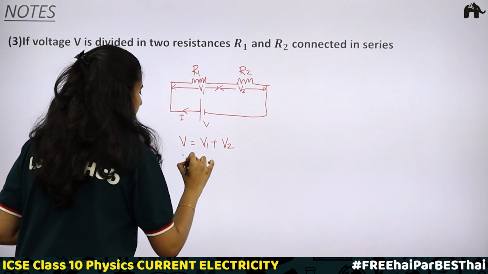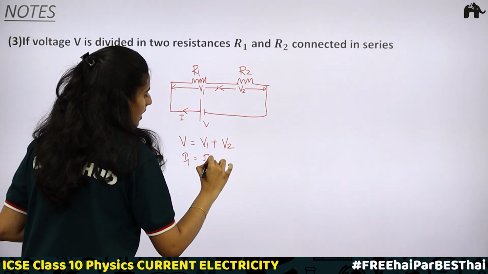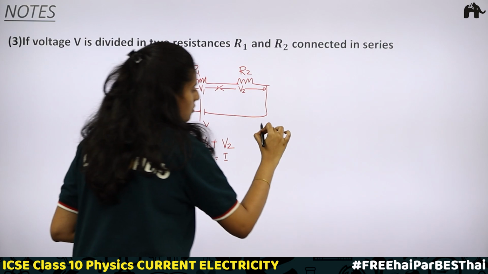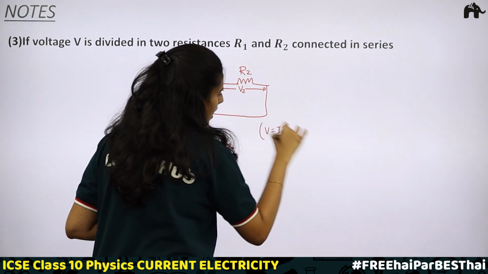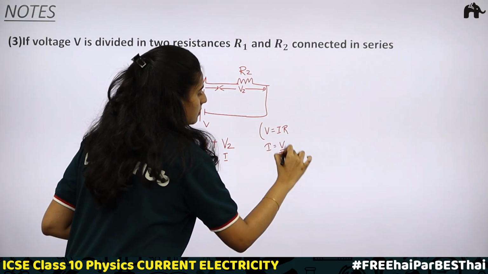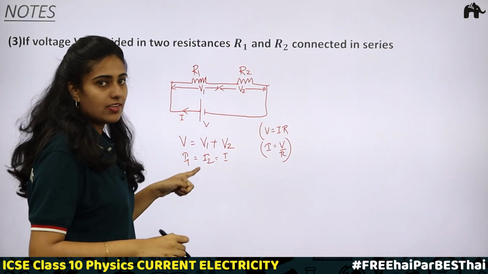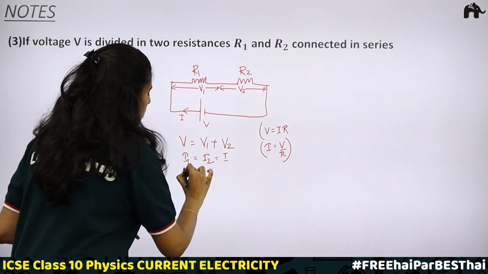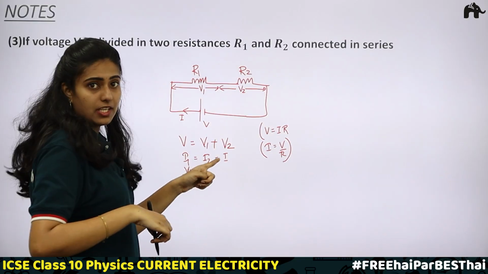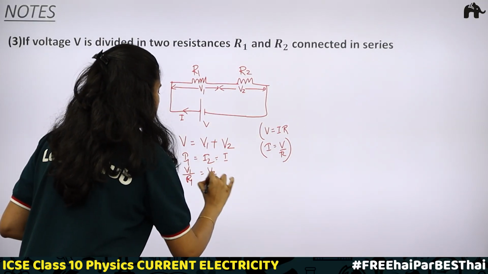We know that the current I1 is equal to current I2, which is the same I value. According to Ohm's law, V is equal to IR, and I is V by R. So I1 will be equal to V1 divided by R1 and I2 will be equal to V2 divided by R2.